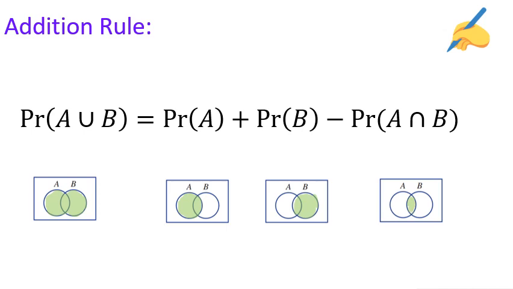The reason why this is subtracted is because otherwise the middle part would get counted twice. If we added the A and the B, the middle part is there twice, so we subtract the middle part, so it does equal the probability of A or B.